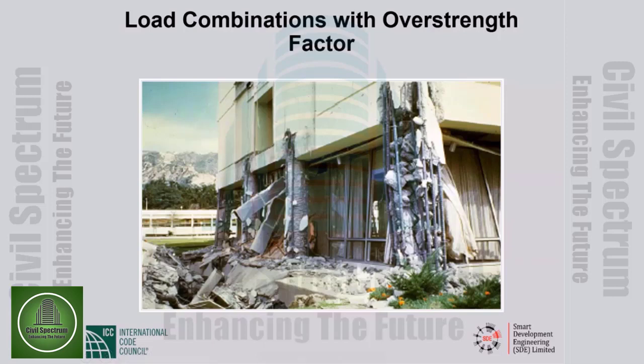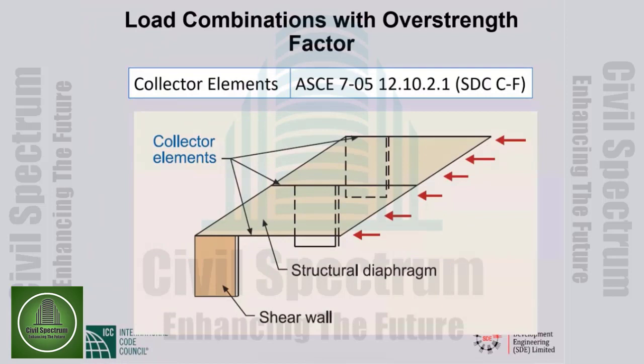Okay? So columns supporting discontinuous stiff elements, those columns today would have to be designed using load combinations with overstrength factor. No questions about them. The columns have to be stronger. In addition, they have to be much more ductile, which is a different story. Okay.